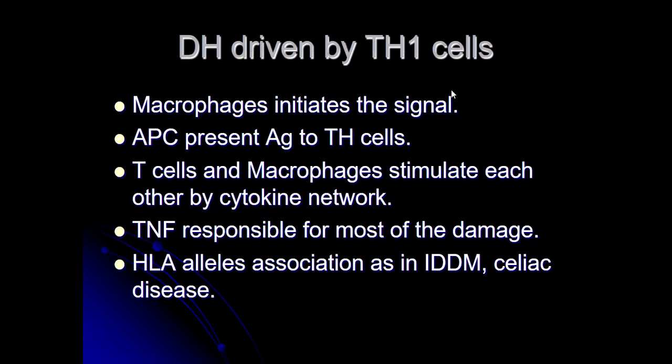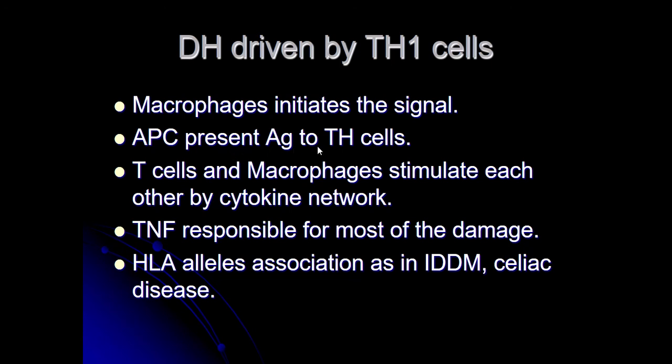So again, in summary, delayed type hypersensitivity, driven here by T helper 1 cells and the cytokines that are produced. Those act on the macrophages, where macrophages initiate the signal and then act as antigen presenting cells.